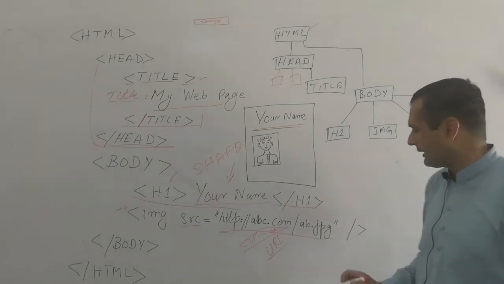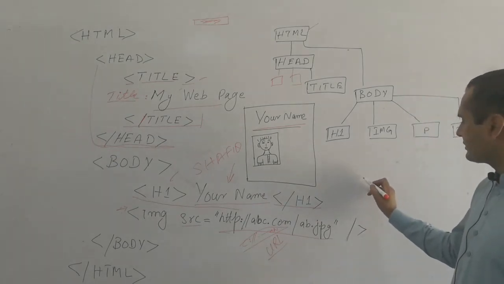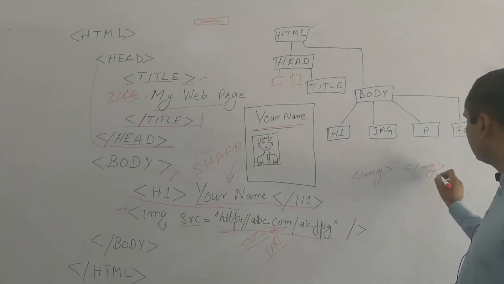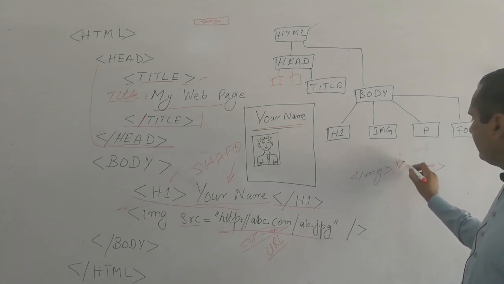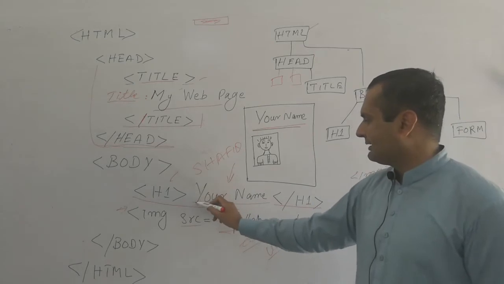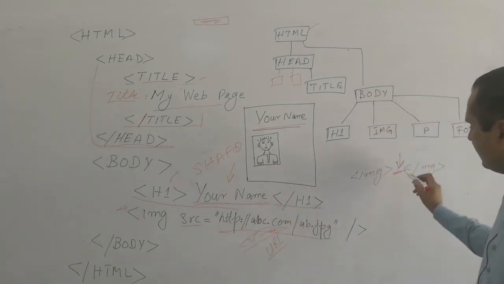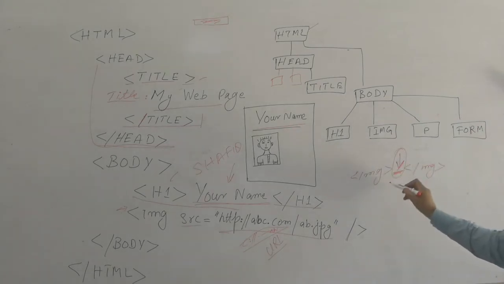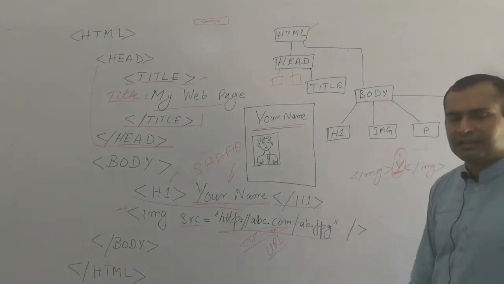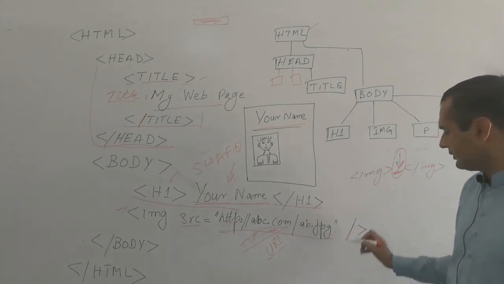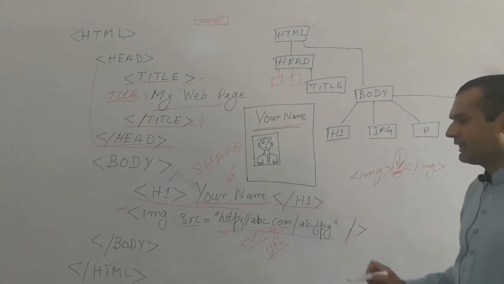Remember one thing, I can end an image tag with a starting tag and an ending tag. But if there is nothing in between the two, unlike h1 where there is actual content or text, then in that case we can simply end this particular type of tag with a slash and the closing angle bracket.